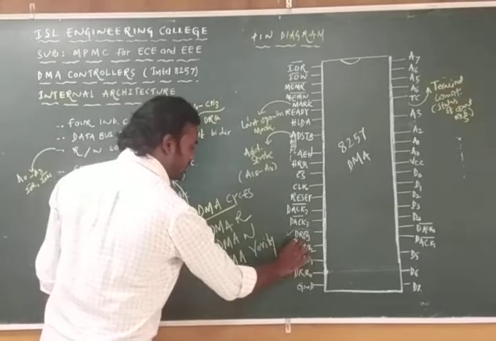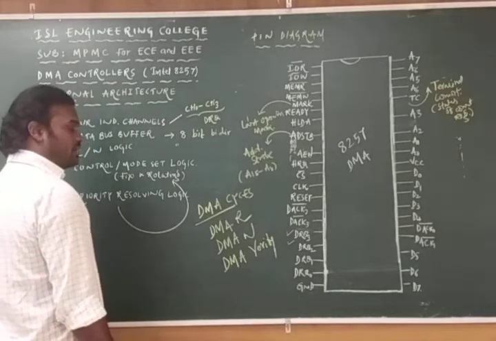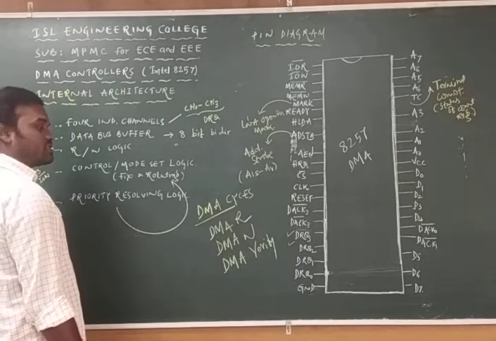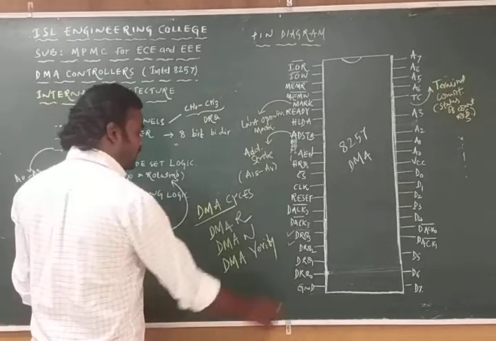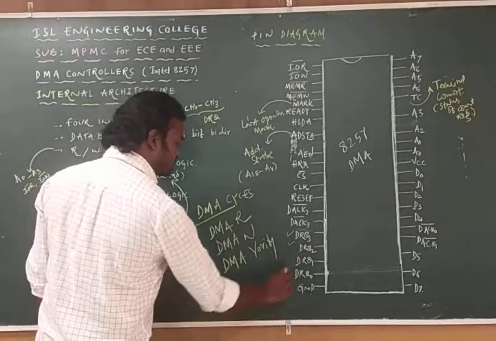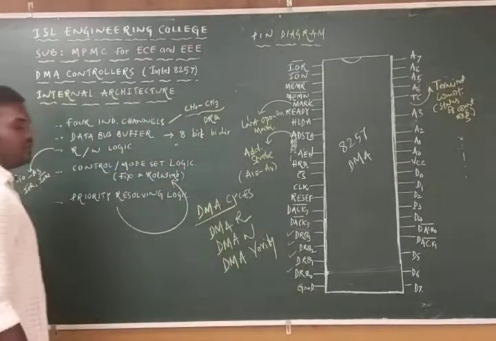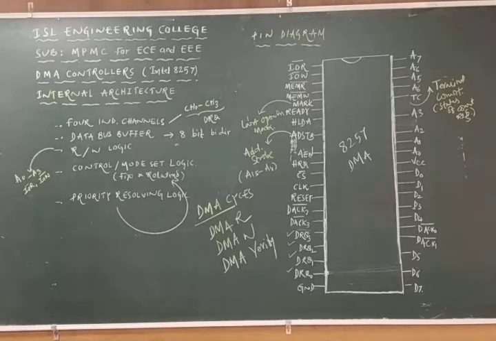Similarly DRQ2, data request 2, is for the input-output device connected at the third channel, which accesses the memory directly without involvement of the processor. Like that we have 4 channels, and so we have 4 data request pins in the 8257 DMA controller.